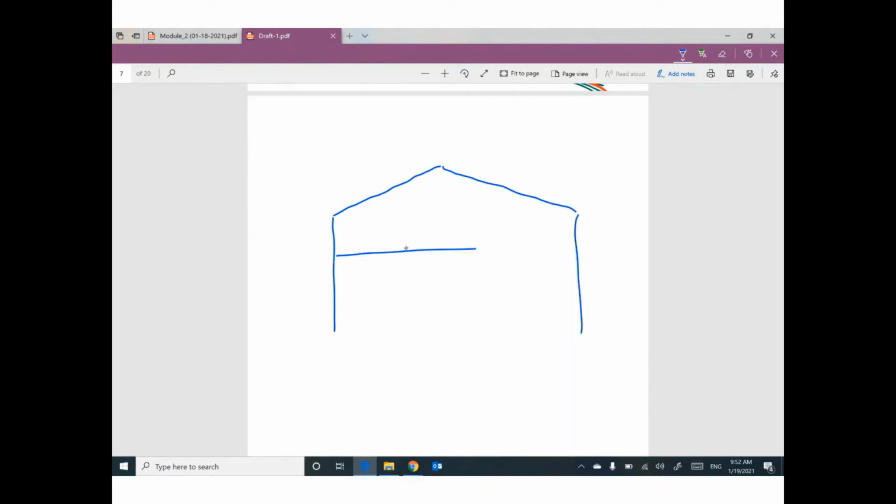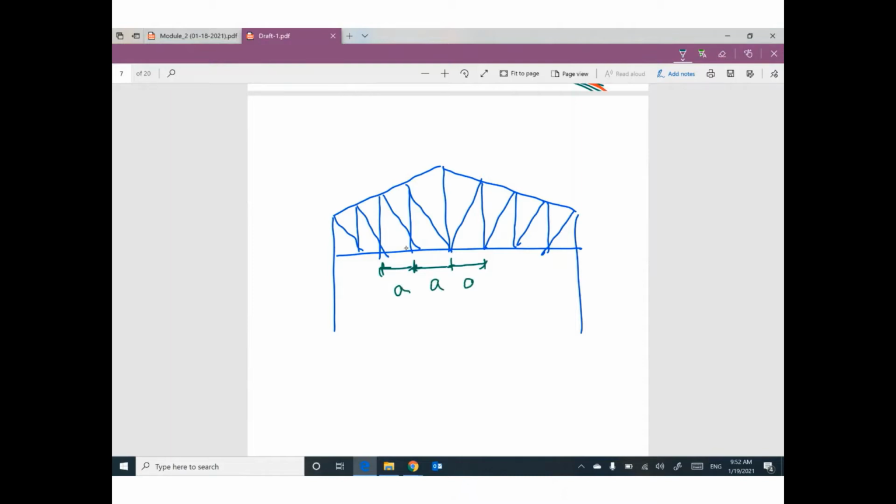This truss with intervals like this, and the diagonals. This spacing will be equal, most of the time, with distance A. And this inclined spacing will be called A prime.